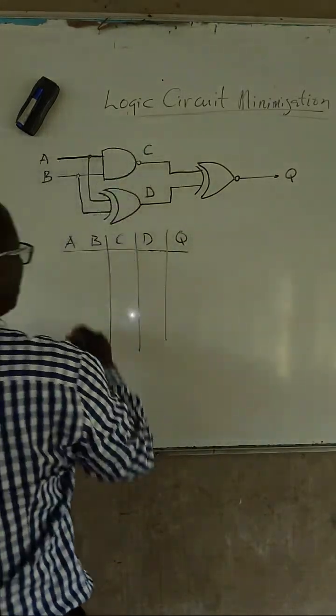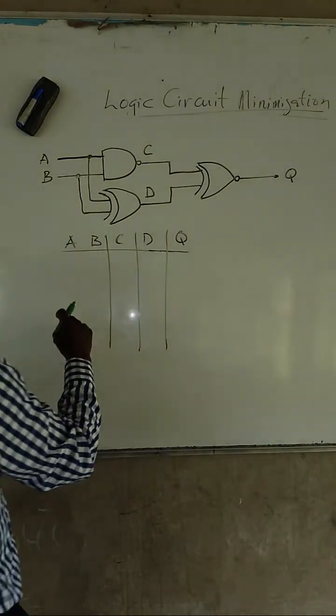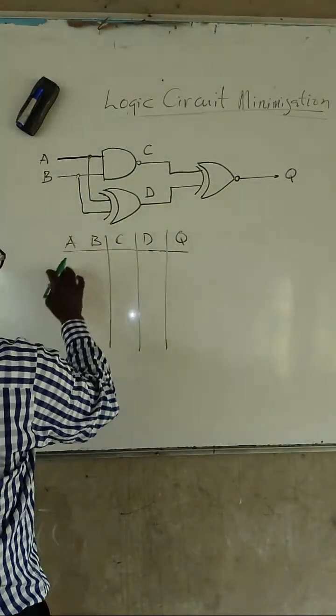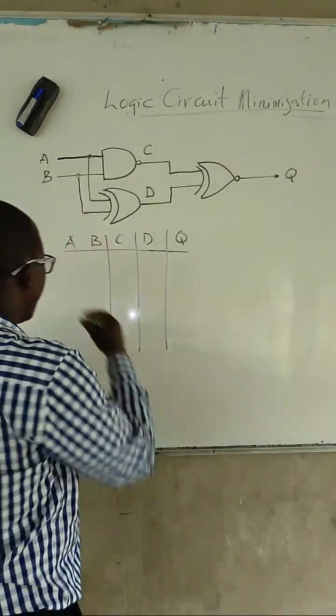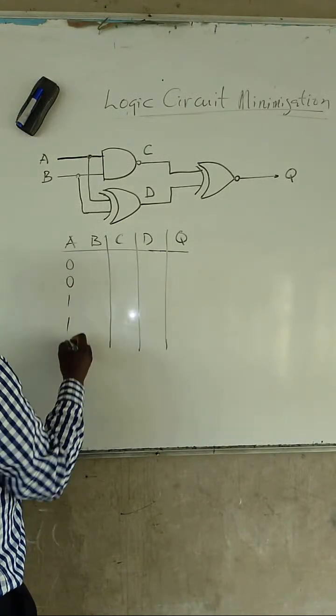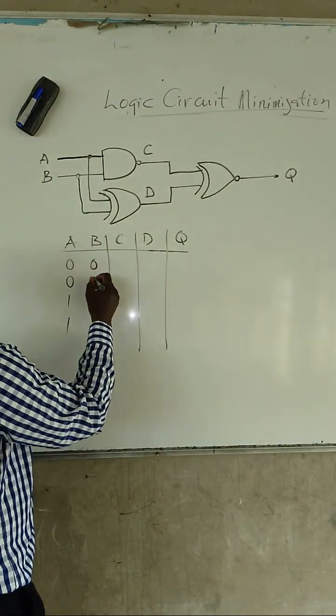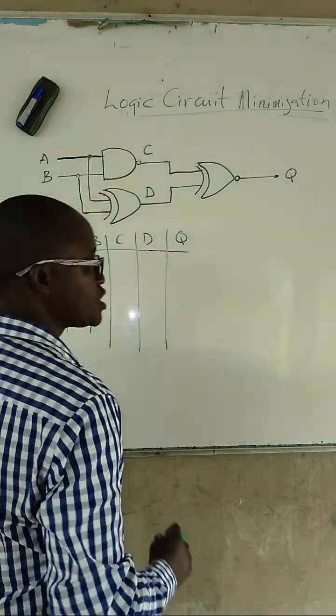When you have only two inputs, we're going to have four rows of inputs, which we know how to develop: the first will be 0, 0, 1, 1, and the next one will be 0, 1, 0, 1. How do we arrive at 4? When we have two inputs, it means 2 raised to power 2.